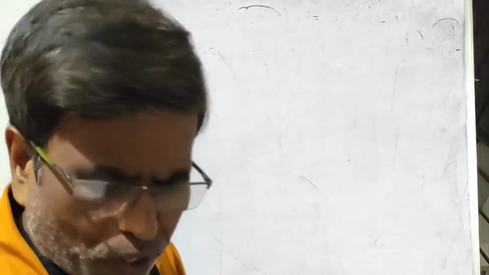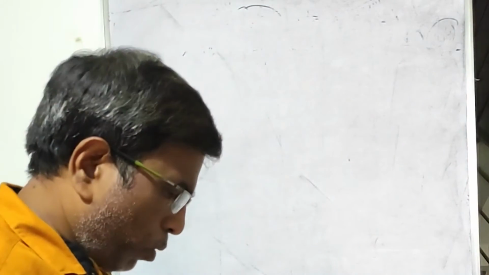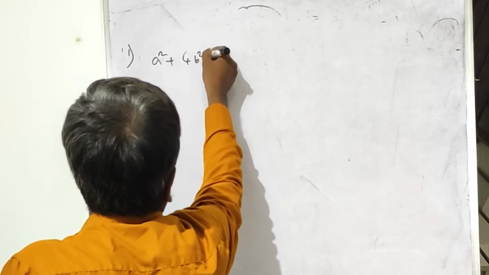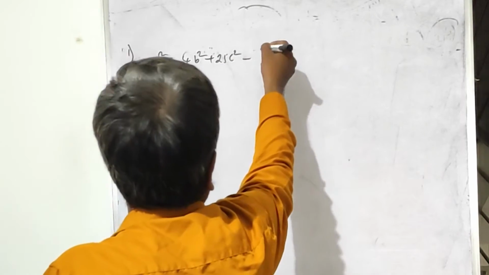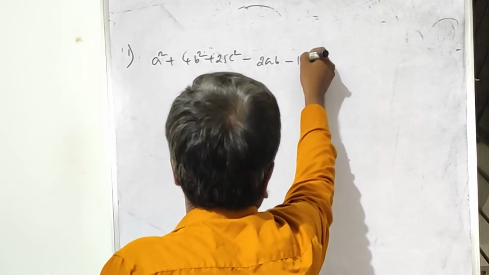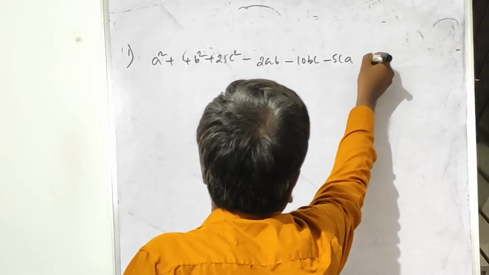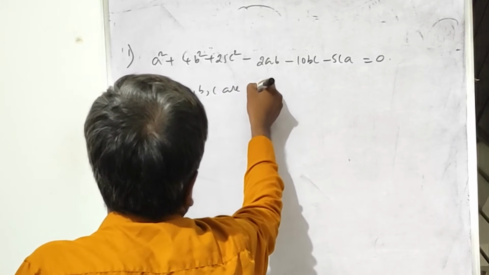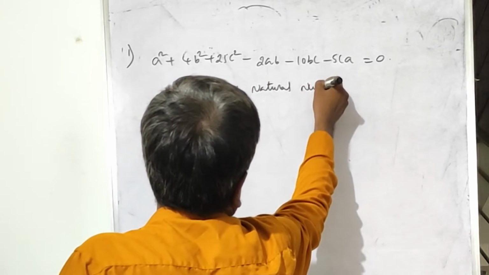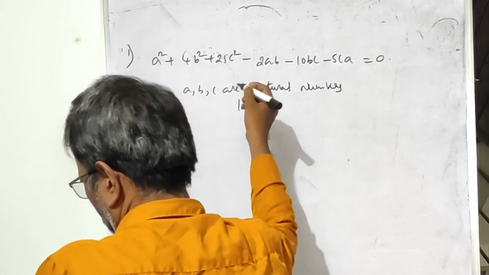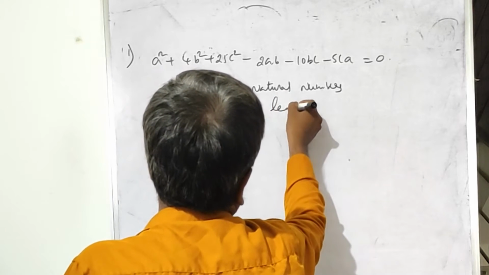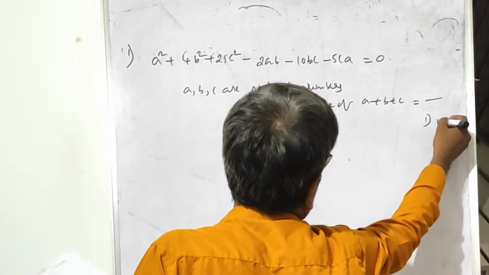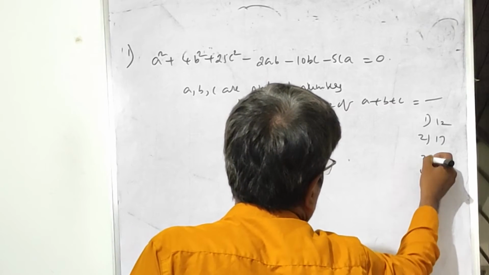Let me explain a question. The question is given like this: a square plus 4b square plus 25c square minus 2ab minus 10bc minus 5ca equals 0. If a, b, c are natural numbers, then the least value of a plus b plus c equals dash. The options are 12, 17, 20 and 25.